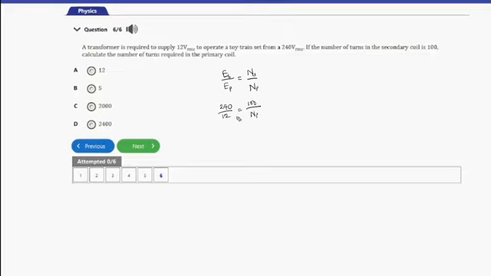So if we make X the subject of this equation, we are going to have 240 times 100 over 12 volts. So this will give us 5. And that's it for this question. Option B is the answer to this question.